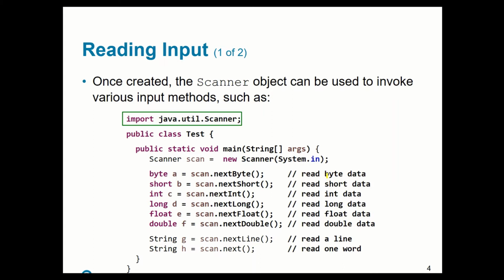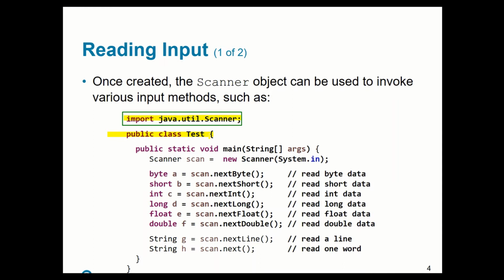The Scanner class exists in the java.util package, so if you want to use it, you have to import the java.util package like this. This is very important. If you don't put this line, a compile error will occur. So the import statement should always be before the class statement.